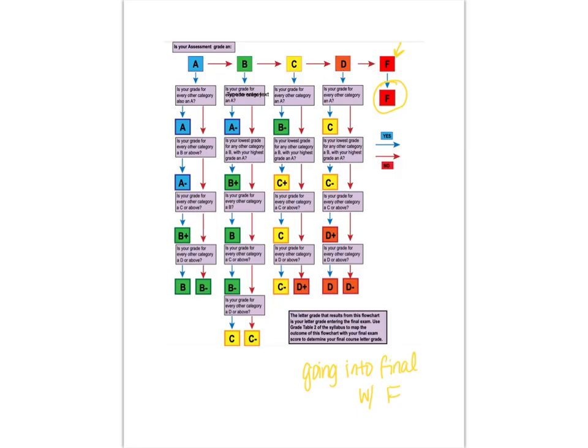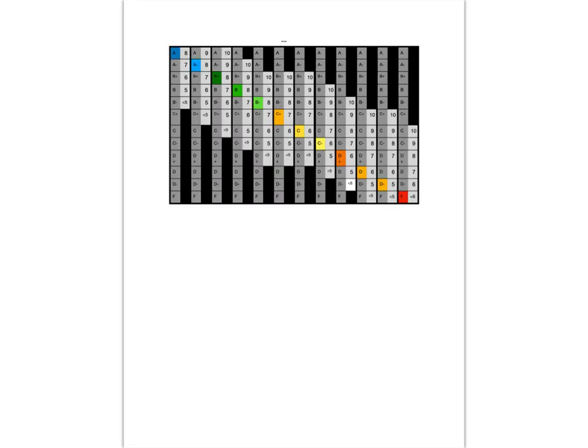And let's see what the final result could do for you. So here we are with the final. You can see you could actually bring it to a C, but that's asking a lot because of the past performance on the learning objectives. But it is a fact, you could get a C if you got a perfect final.